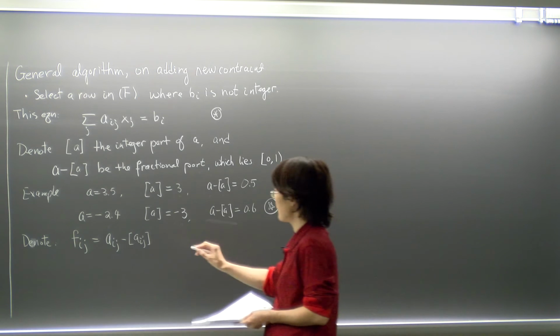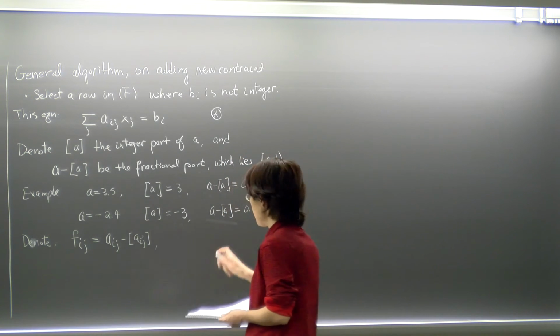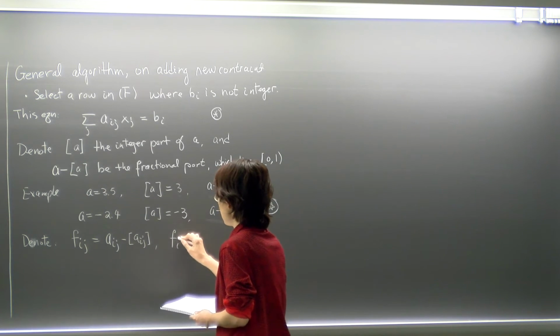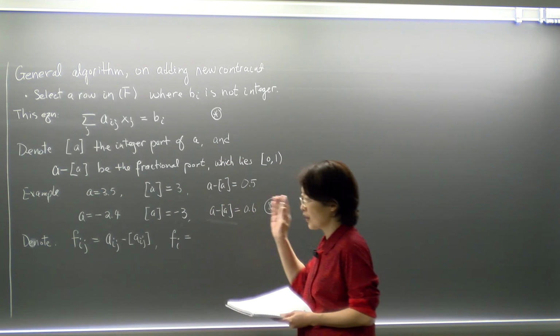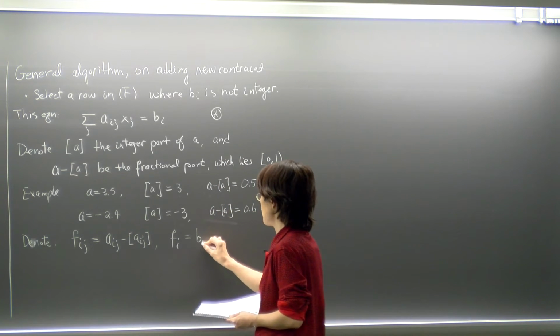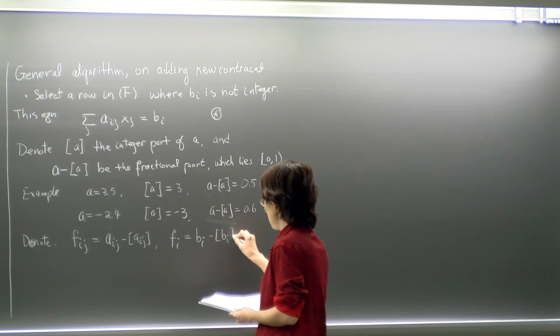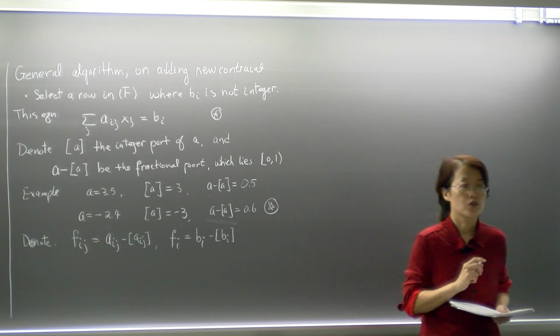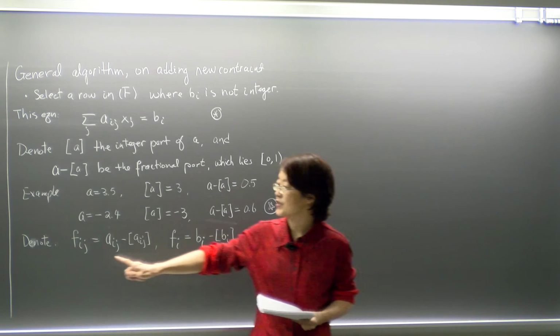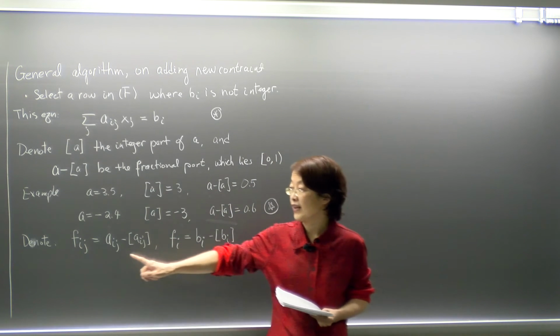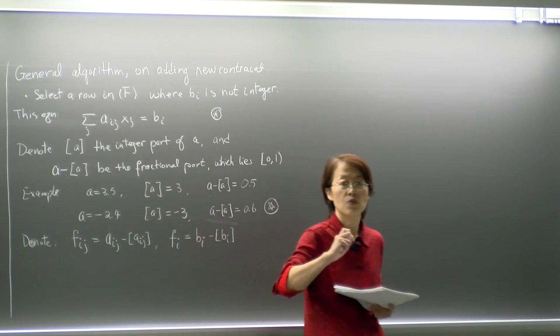This is F with double index, and F with single index will be the fractional part of the right-hand side, so it will be Bi minus the integer part of Bi. So now you know all these F's are non-negative. They take values between 0 and 1.